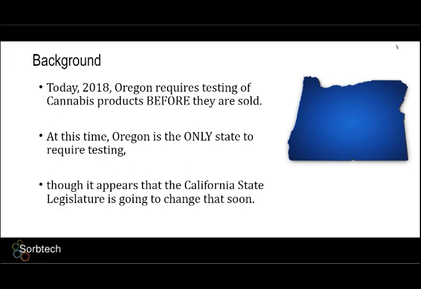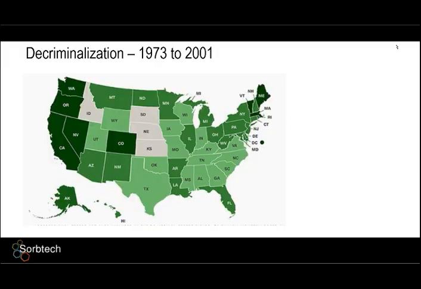And by the way, they're following virtually the same list of pesticides and contaminants that Oregon is using. They've added a few and deleted a couple of others, but they're basically the same. So the first in was Oregon, like I said, and then in '75, Alaska, California, Colorado, Ohio, and Maine decriminalized marijuana.